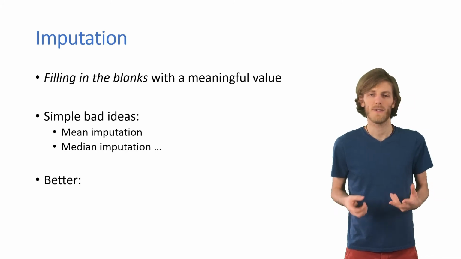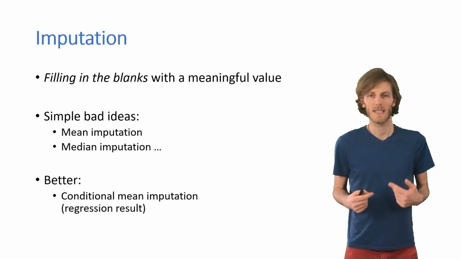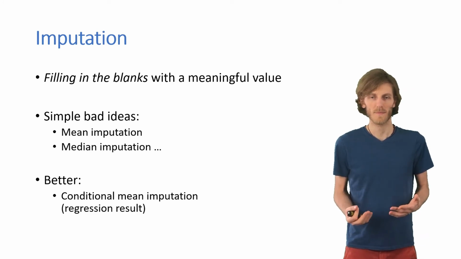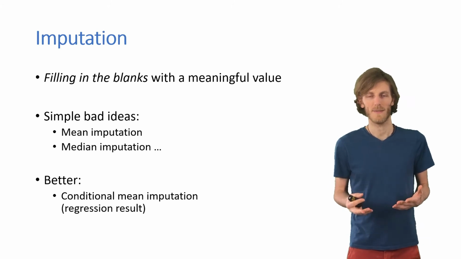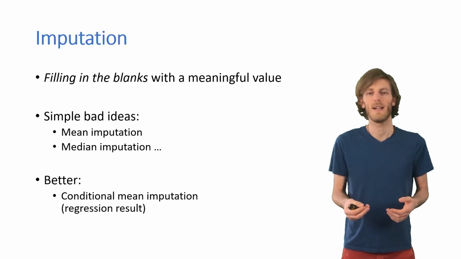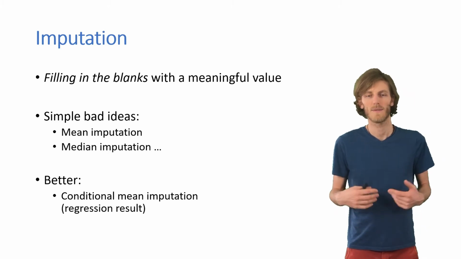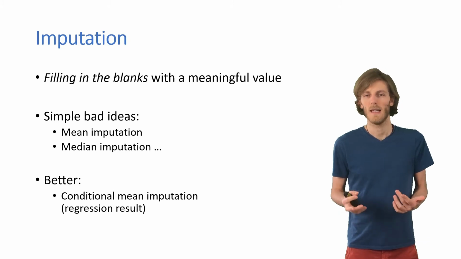So what should we do for imputation? Well, we should try to find a way of modeling the missing data with some kind of conditional mean imputation. So we try to replace missing values with our prediction for what that particular missing value should have been like. Quite an easy way of doing that is to use a regression.